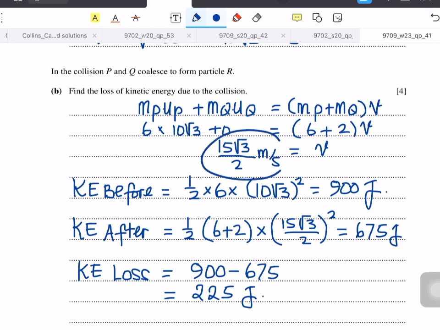The speed after collision is 15 square root of 3 over 2 meter per second. So the kinetic energy after collision is 675 joule. Therefore, the loss in kinetic energy is 900 minus 675. The result is 225 joule.